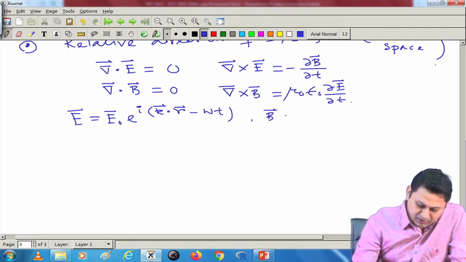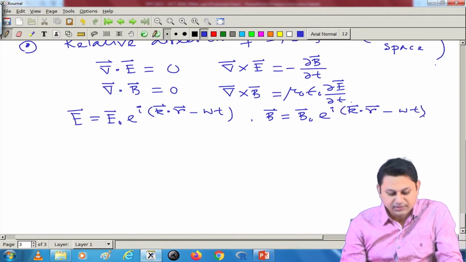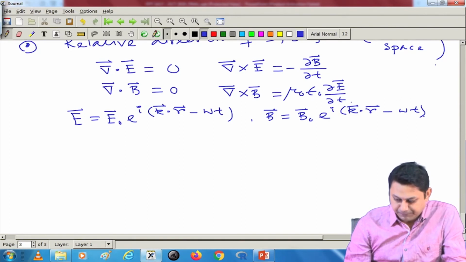So, B will be equal to B 0 e to the power of i (k dot r minus omega t). So, 2 plane wave solutions we have, one is E and another is B.